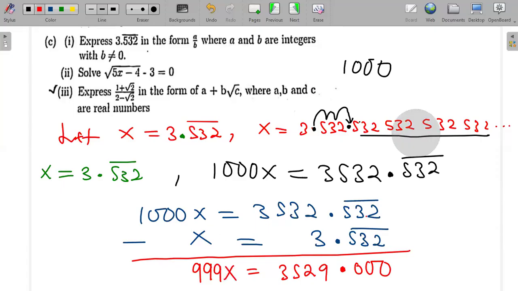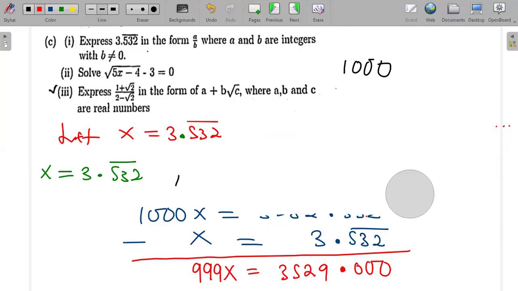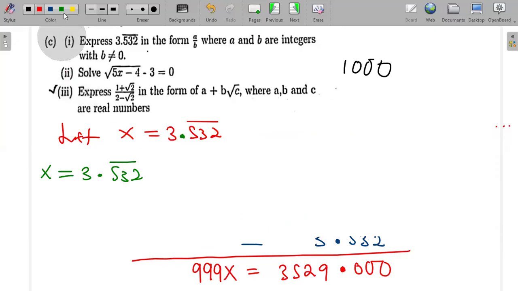From there, I'm just going to say x is equal to 3,529 divided by 999. Is there any number that can go into those two numbers without leaving a remainder? I don't think there's any number that can go into there. So this here will be our final answer.